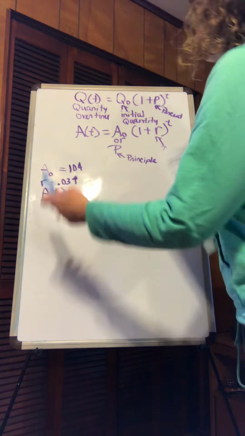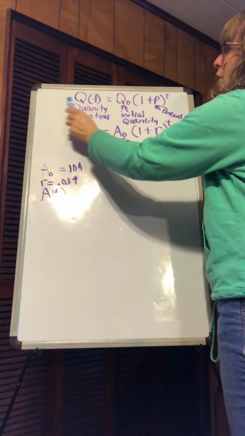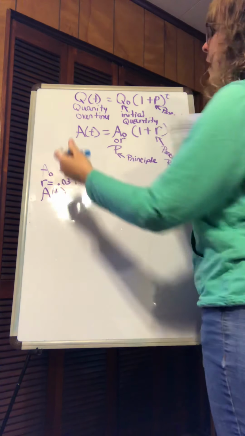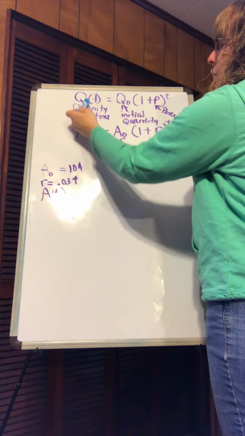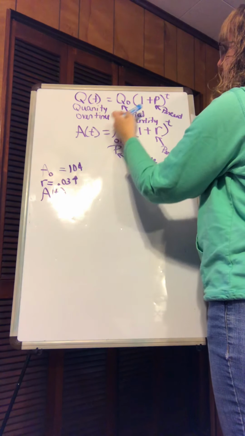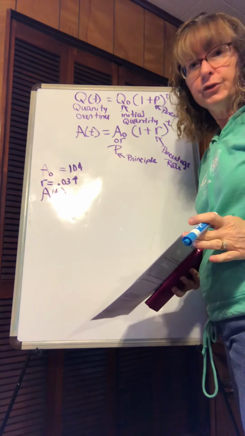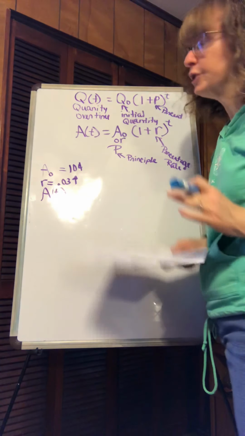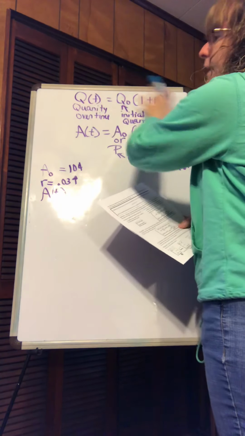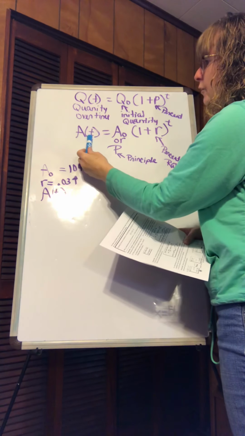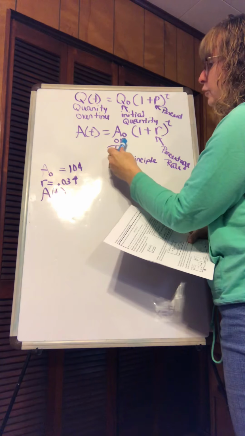First, they give us this equation on the back of the second page. Why they started using Q, I don't know. For Q, they're talking quantity over time, initial quantity, and then here they're even using P for percent. We've never used that before, so I don't want to confuse you. Maybe cross that off, and let's write it the way we're used to seeing it. The amount over time is the initial amount or the principal.